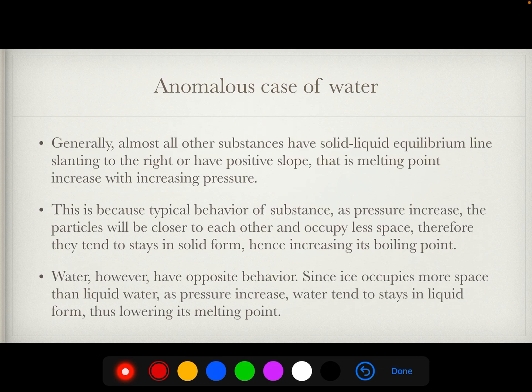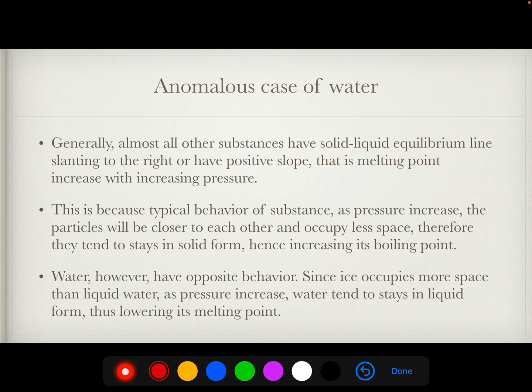Like I have mentioned earlier, almost all other substances have solid-liquid equilibrium lines slanting to the right, or with a positive slope. That tells us that the melting point increases with increasing pressure. This is a typical behavior of substances because as pressure increases, the particles should be closer to each other.